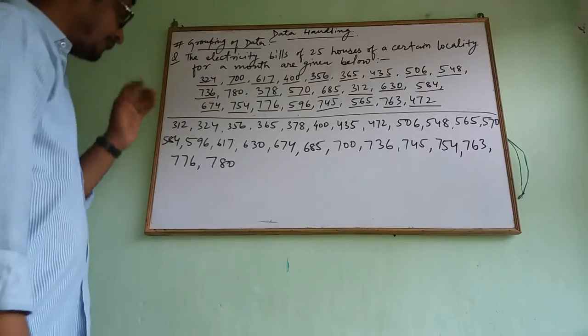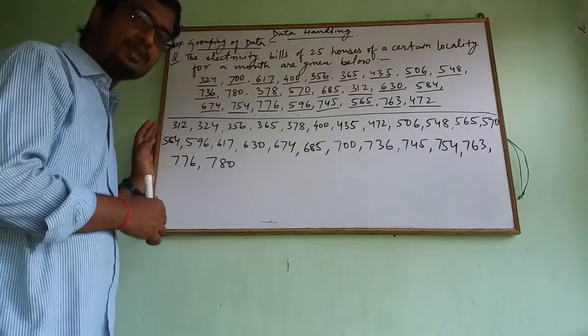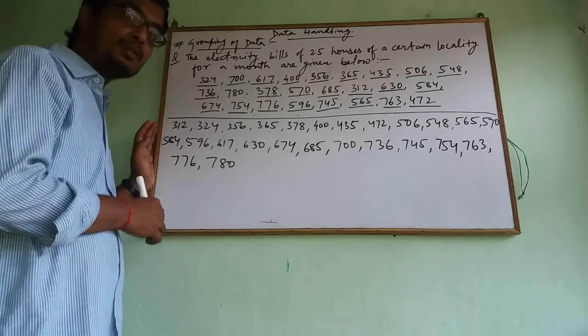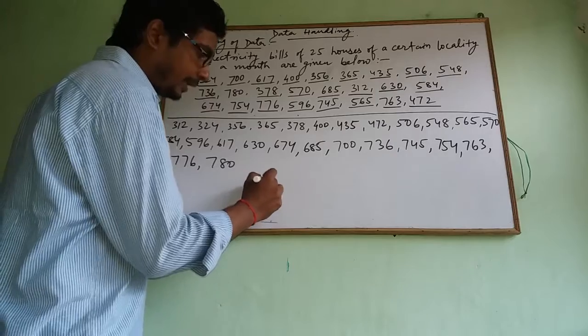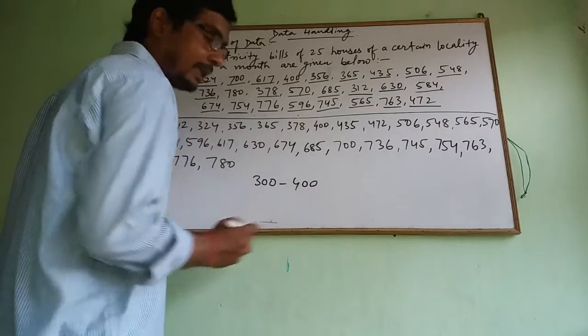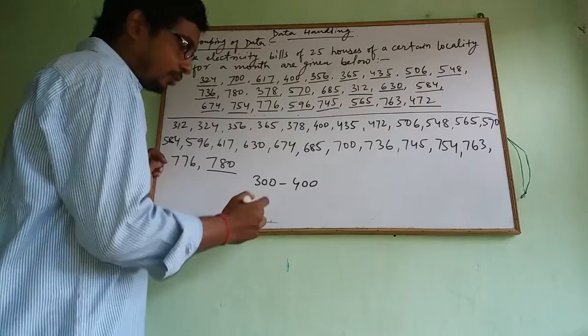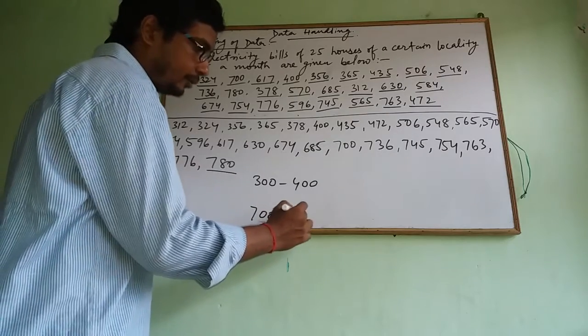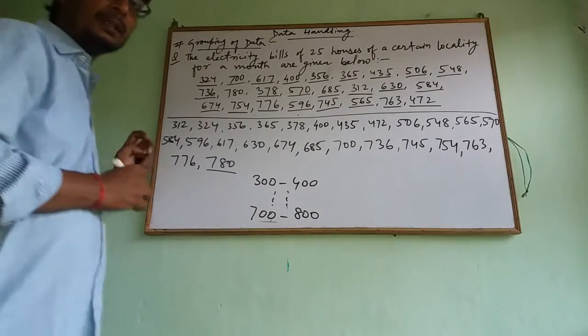Next, I have to make a frequency distribution table using class intervals which start from 300 to 400 and end at 700 to 800, since the last data is 780, with the intervals in between.